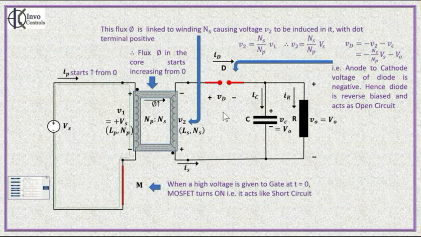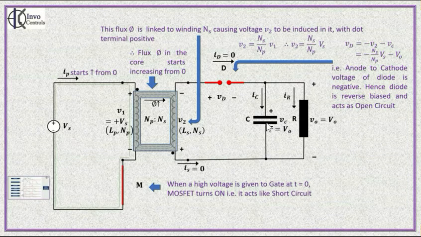Because the diode acts like an open circuit, the secondary is effectively open circuited, and hence the diode current is zero. Now if we look at the status of the load and the capacitor, the load is effectively electrically disconnected from the circuit. Then from where is the load getting its power?